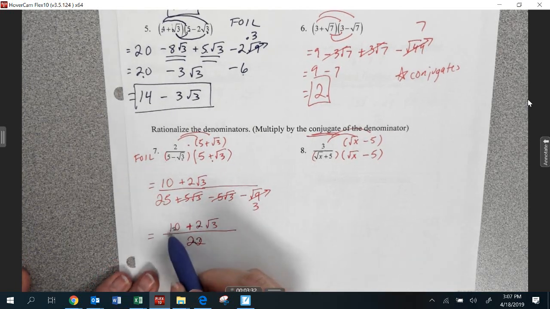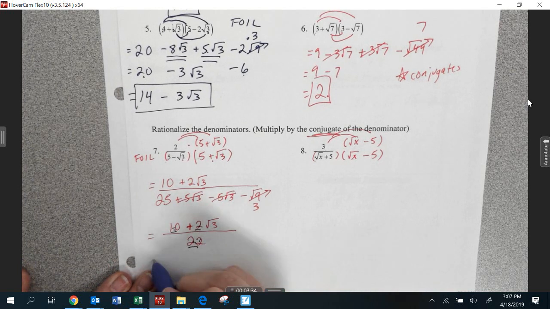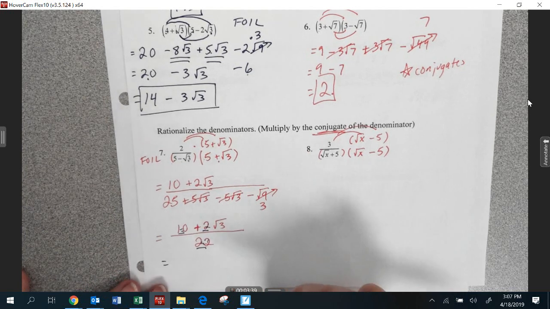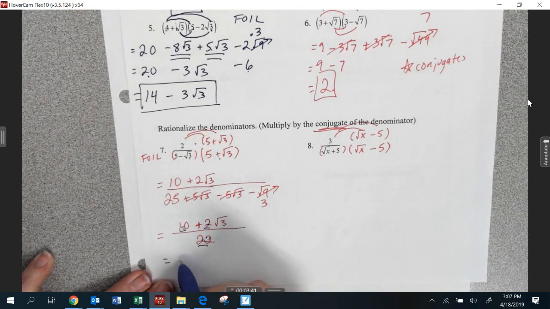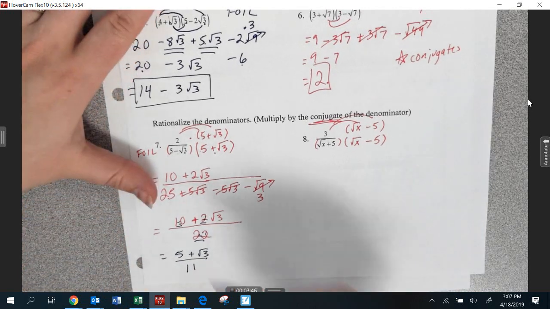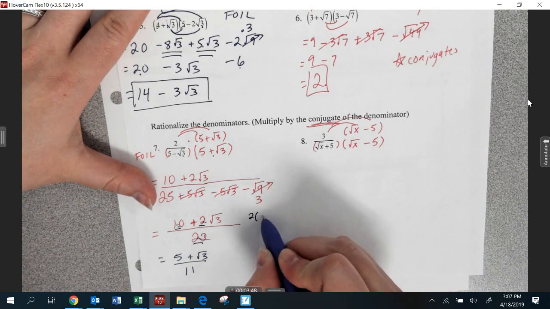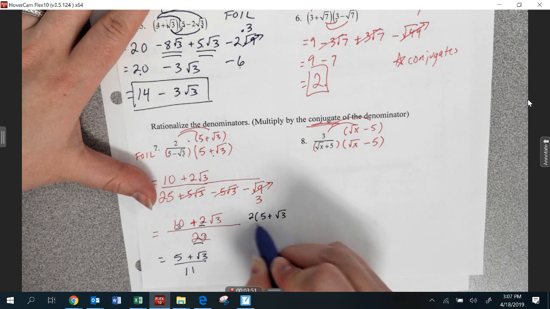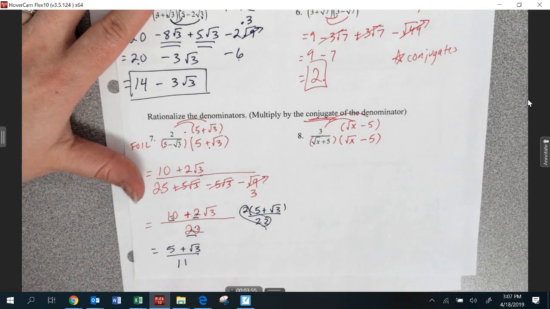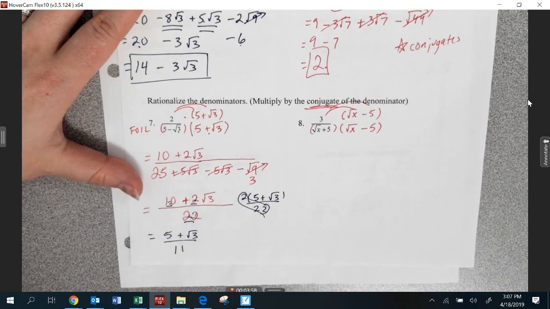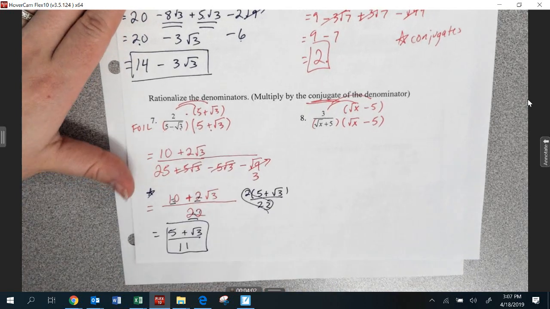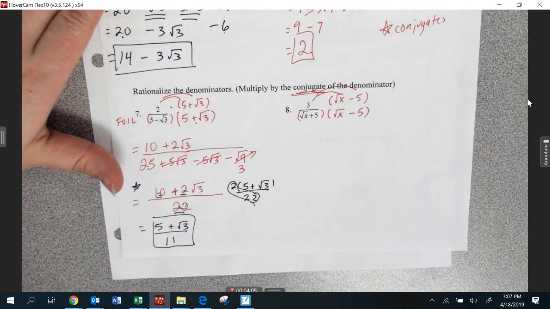So since they are all divisible by 2, I can divide here and here, both kind of fractions, if you will, by 2. So that would give us 5 plus radical 3 over 11. And again, the reason I can do that is as if I factored out a 2 and then simplified just that fraction. So that's what I would be left with here as my final answer. So you want to be careful and keep an eye out for opportunities to simplify just a little bit further.